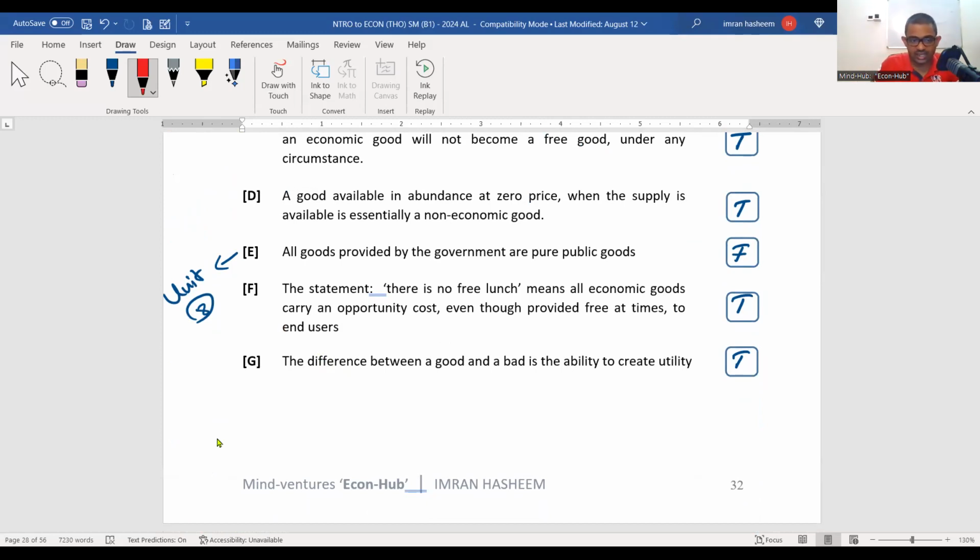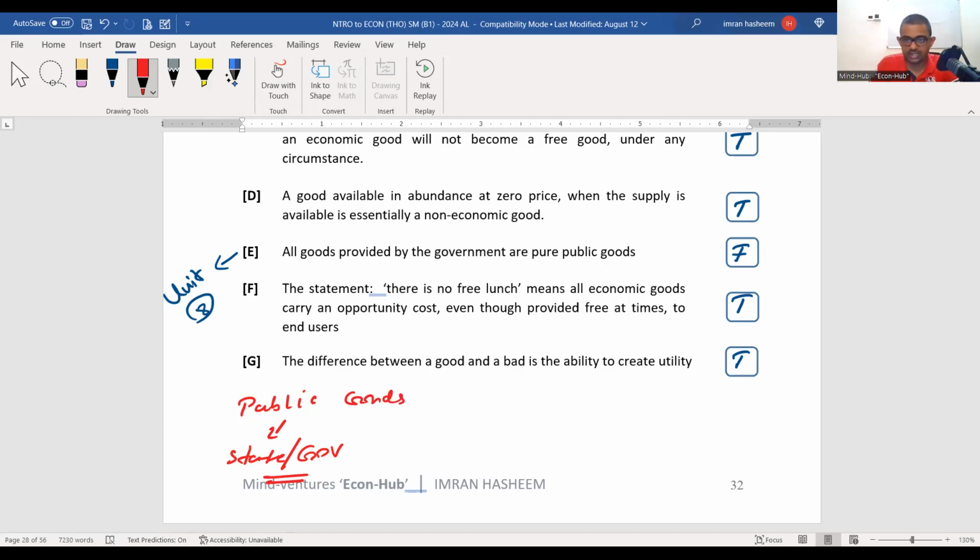The normal understanding when someone says public is, we look at the state or the government. So people think public goods are goods provided by the government. Anything provided by the government is a public good.